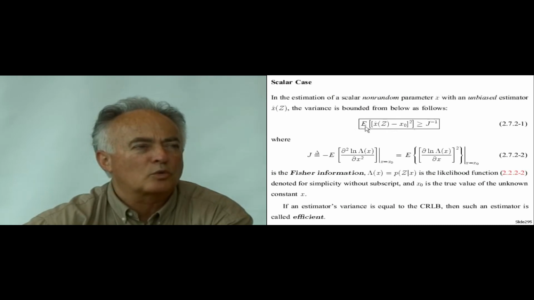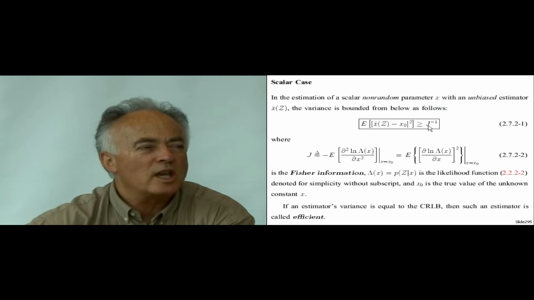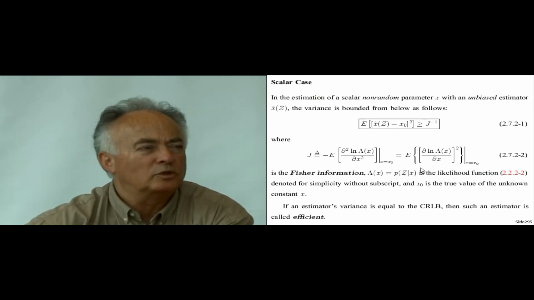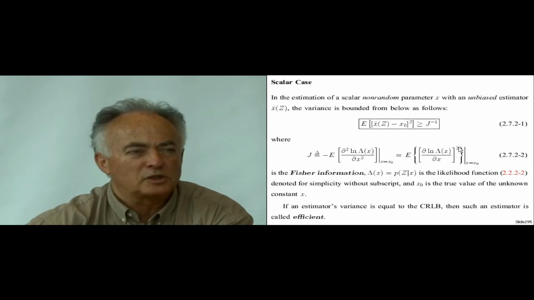The expected value of the square of the error is greater or equal to the inverse of a quantity J. Now, J is either the negative of the expected value of the second partial of the log likelihood function, and remember, the likelihood function is lambda of x, which is p of z given x, where z is the total data set, or, as a second expression, the Fisher information, the expected value of the square of the first partial of the log of the likelihood function.